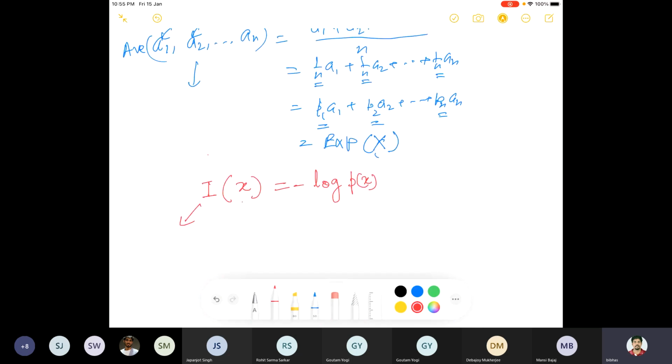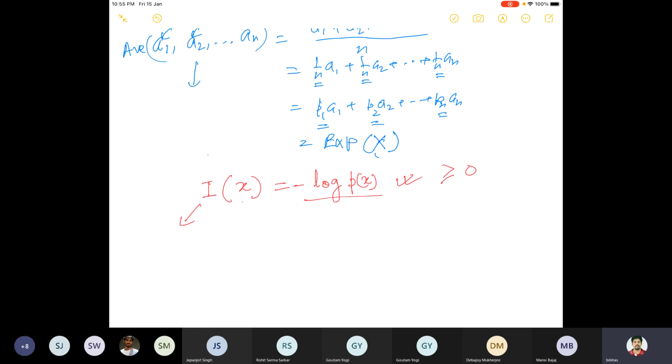I(x) is about itself, meaning Ai equal to, let's say, x and Bj also equal to x. That means how much information does one particular outcome carry. That is what it is measuring. This is how we can interpret it. This is just a value, which is greater than or equal to 0, and you can interpret it as self-information, meaning how much information it has.